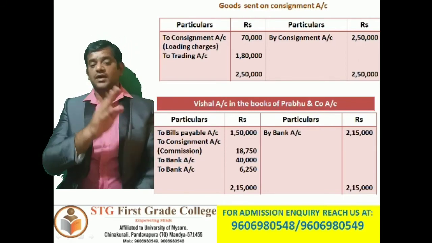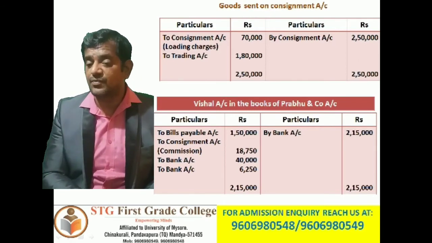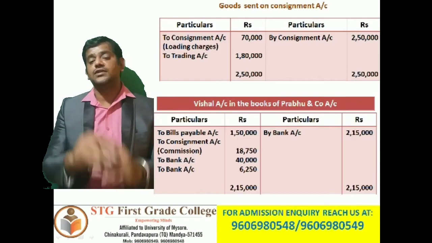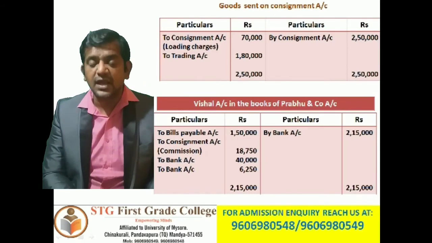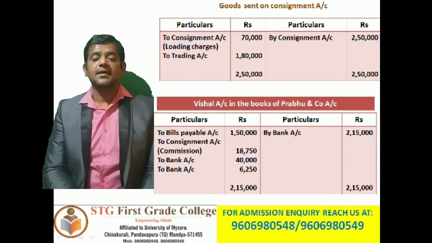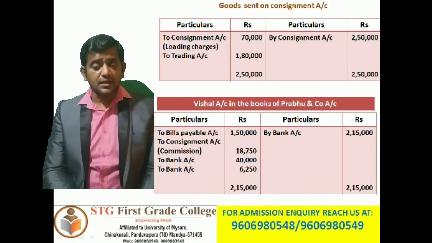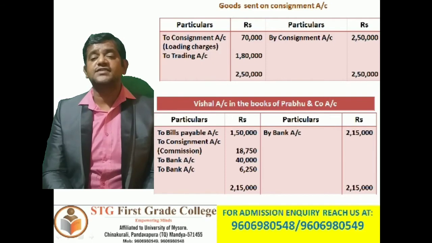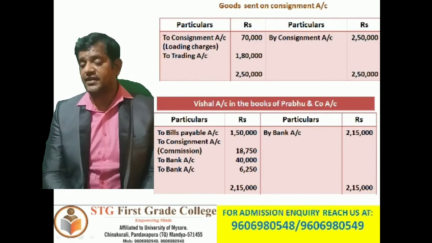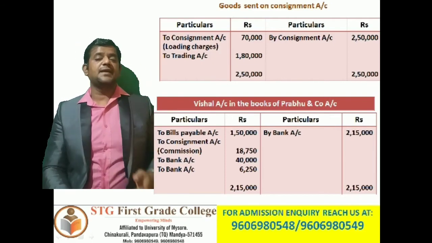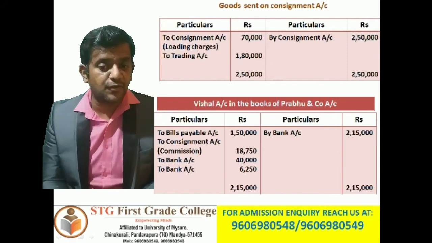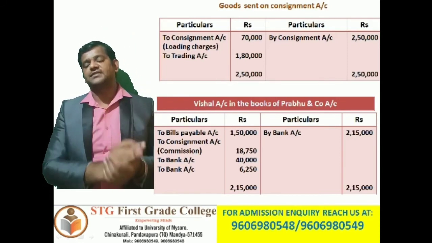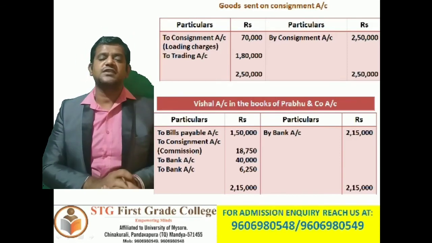Further moving on towards the Vishal account in the books of Prabhu and Company. How will the Vishal account be drafted in the books of Prabhu and Company? On the credit side, by bank account, that is sales value, 2,15,000. By bills payable account, that is advance paid, 1,50,000. By consignment account, commission 18,750.